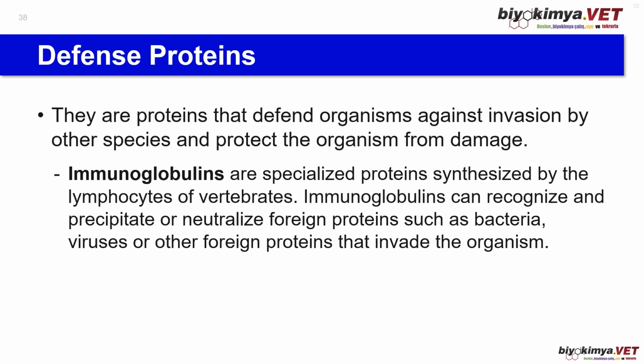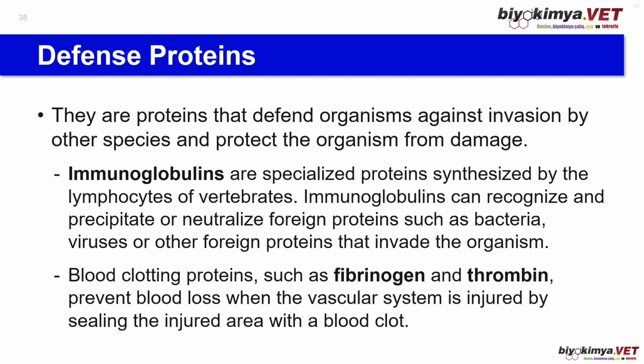Immunoglobulins can recognize and precipitate or neutralize foreign protein antigens such as bacteria, viruses, or other foreign proteins that invade the organism, in general antigens. Blood clotting proteins such as fibrinogen and thrombin prevent blood loss when the vascular system is injured by sealing the injured area with a blood clot. So fibrinogen is an example of defense against blood loss.